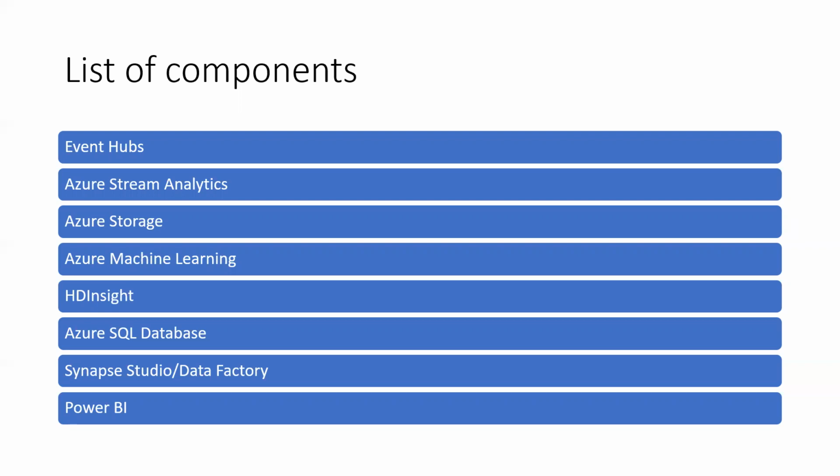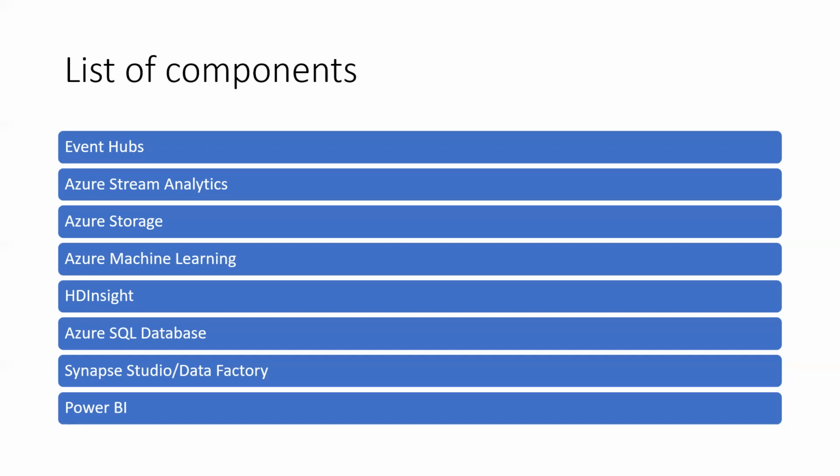So let me talk about each service before I move into this architecture. If you want to know how to deploy all these services, please go through my previous modules. There are a lot of modules available on my channel on how to deploy each service, whether it's Event Hub, Stream Analytics, or Storage.